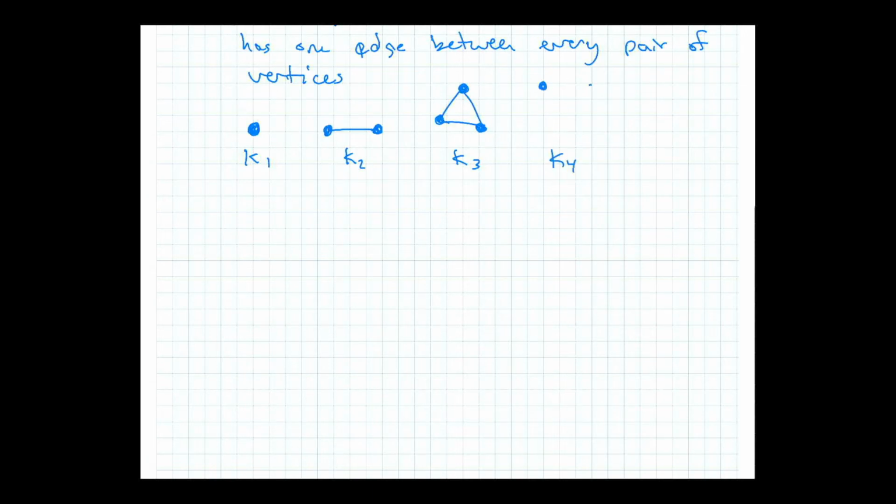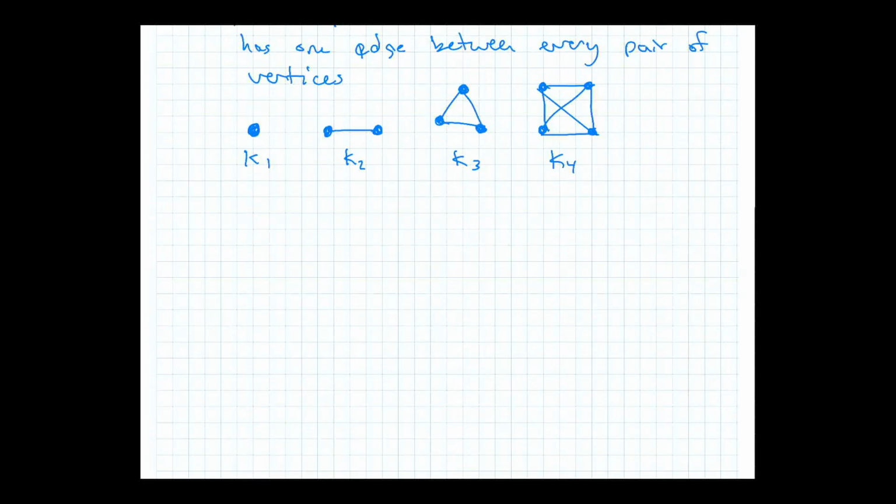K4. So an edge between every pair of vertices. This vertex here is connected to all of the other three. So there, there, there. And then that's true for all of them. So there are no vertices that are not adjacent. Every vertex is adjacent to every other vertex.